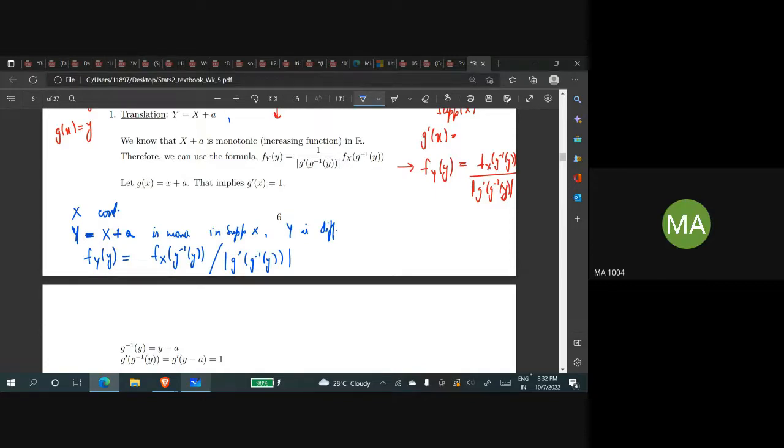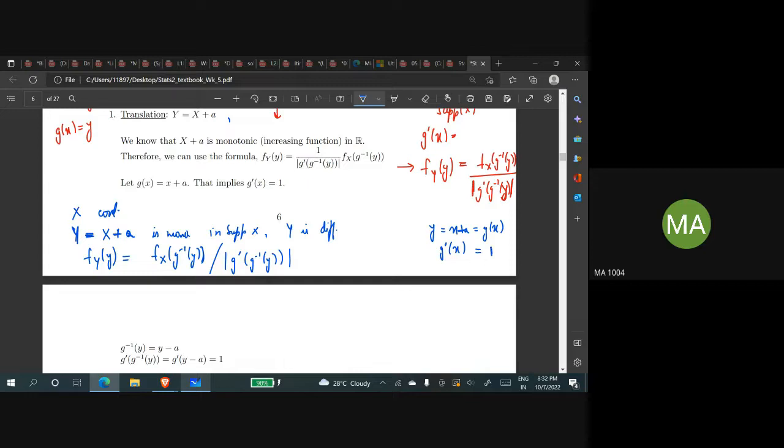So what is this g inverse of y? We had y equal to x plus a, and this is our g of x, correct? Now what is g dash of x? To fit this into the formula we need g dash. It is just 1.